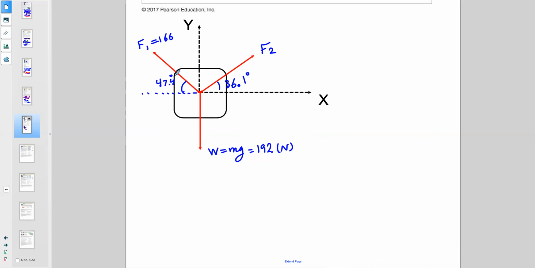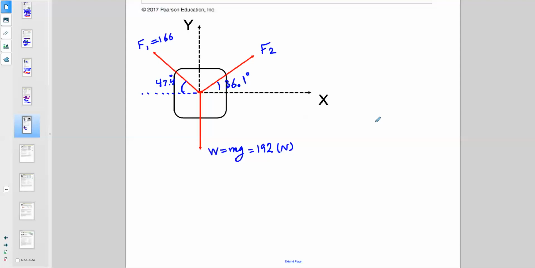Okay, and we want to look for the motion that is along the y direction. So that means anything along the x direction should cancel out. So the x component of F2 and the x component of F1 should cancel out.